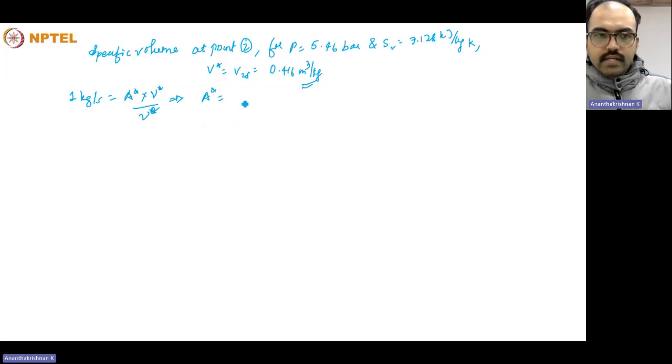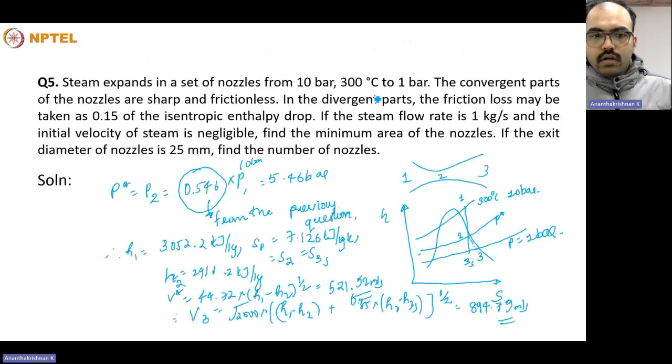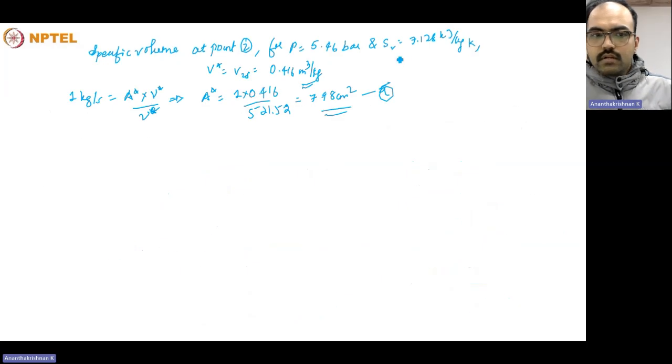From here we'll get A star equal to 1 into 0.416 divided by 521.52, which will be equal to 7.98 centimeters squared. So that is the throat area, the minimum area of the nozzle. This is the first part of the problem.